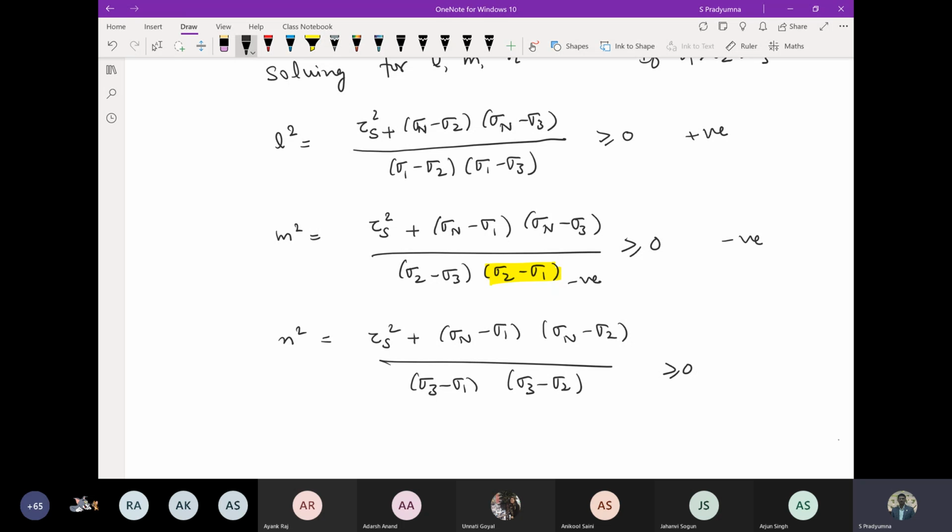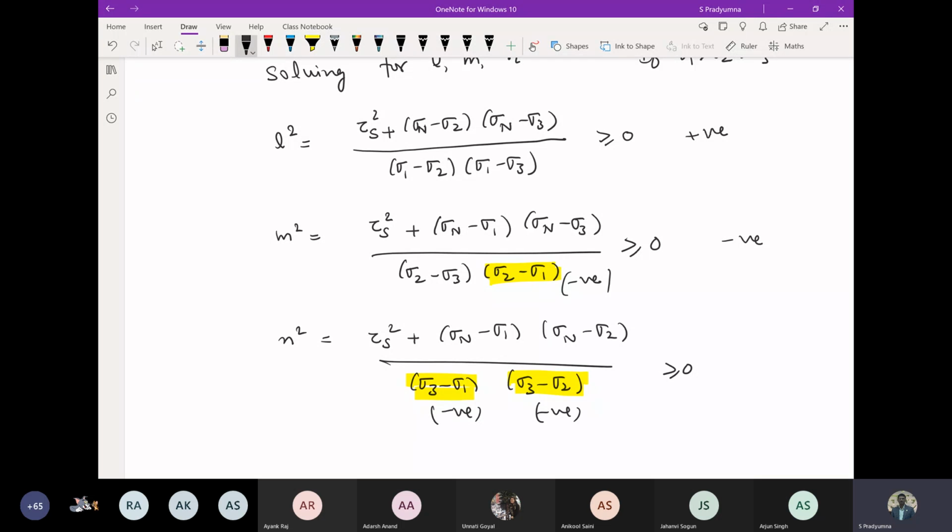Okay. Now, if I look at the equation for N square, the denominator is negative because sigma 3 is less than sigma 1, and sigma 3 minus sigma 2 is also negative. So this is negative and this is also negative. Okay. So the denominator of the first equation is positive, and hence the numerator is also positive, correct?